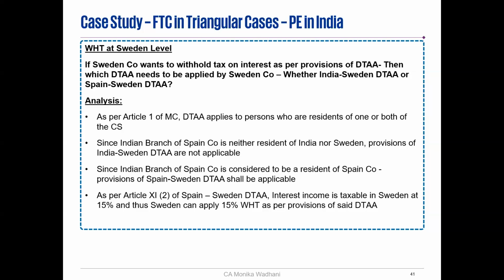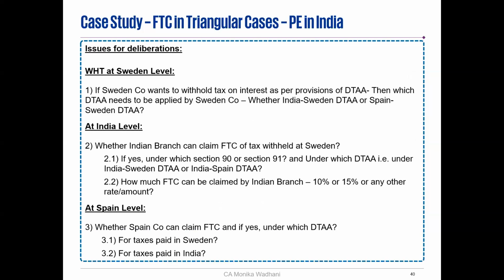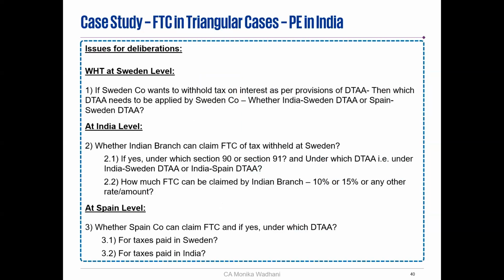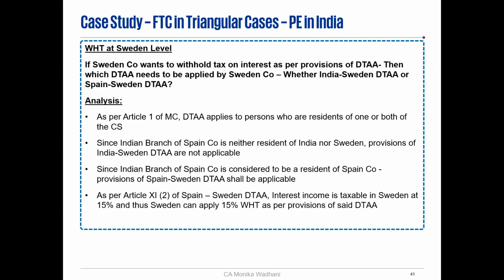First of all, if Sweden has to see which article of which treaty is to be applied, it has to see which treaty is applicable. As we understand the principles of treaty, as per Article 1 of the Model Convention, DTAA applies to persons who are resident of one or both of the contracting states.